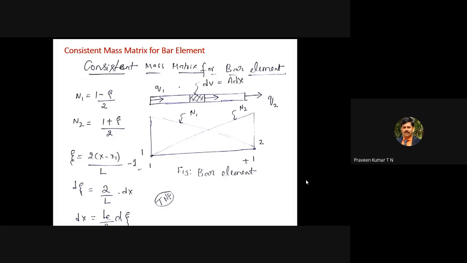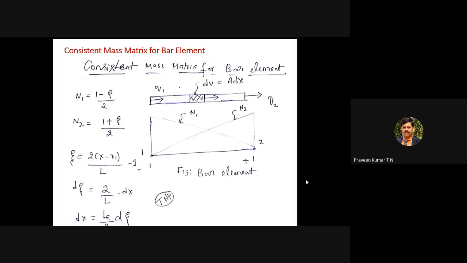The actual load, the self weight of the beam, is uniformly distributed. A uniformly distributed load can be converted into a point load, and the point load is finally applied at the nodal points in the finite element method. If the total weight of the beam is 1000 kg, 500 kg is applied at node 1 and another 500 kg at node 2. That concept is referred to as the lumped mass matrix.